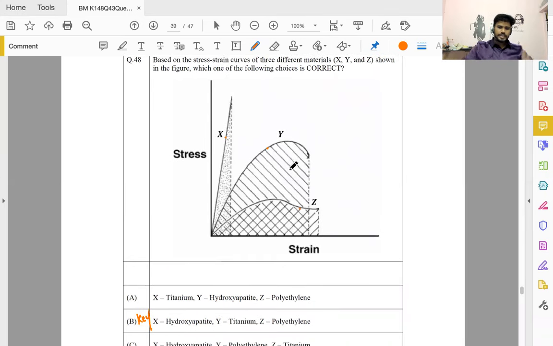See, the modulus of titanium is certainly higher. To help you with some numbers, what is the modulus of hydroxyapatite? Which one is stiffer? Titanium corresponds to 55 to 114 gigapascals.